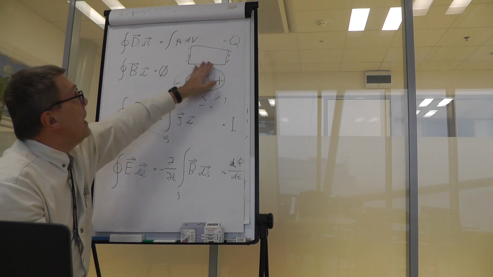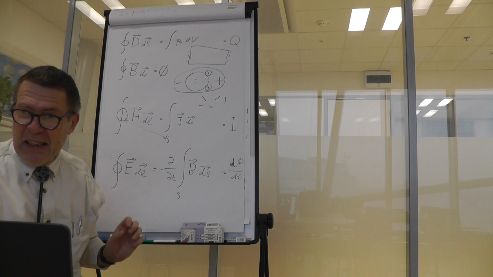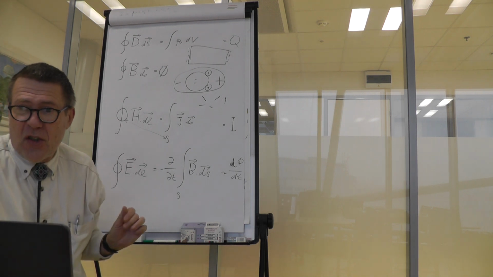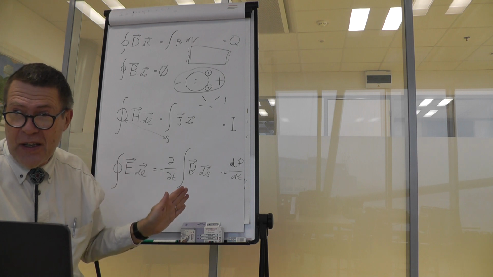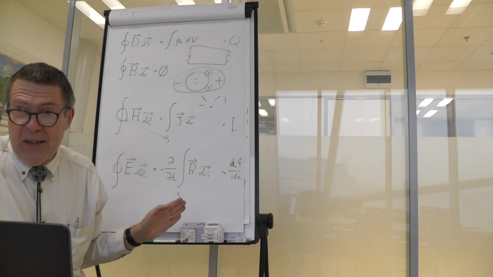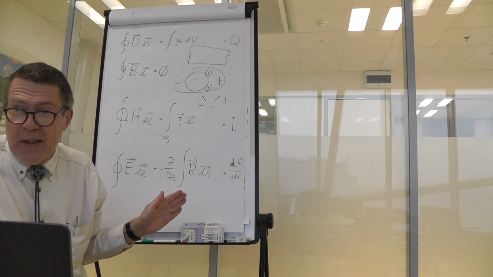So if we put this piece of dielectrics into a field, there is a charge transport at any cross section. But it happens only if we put it into a field or if we change the field.